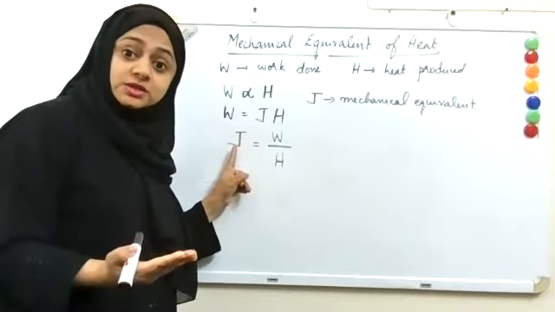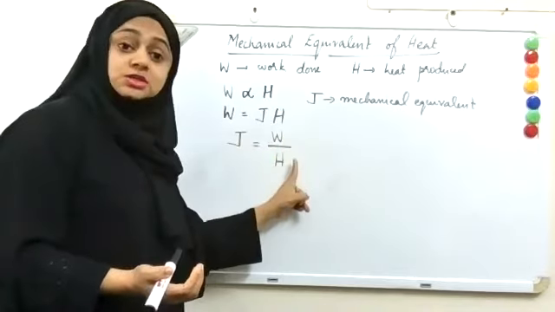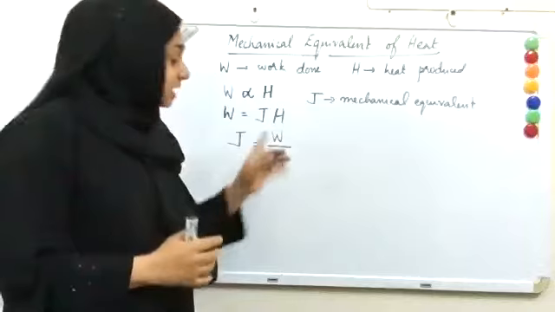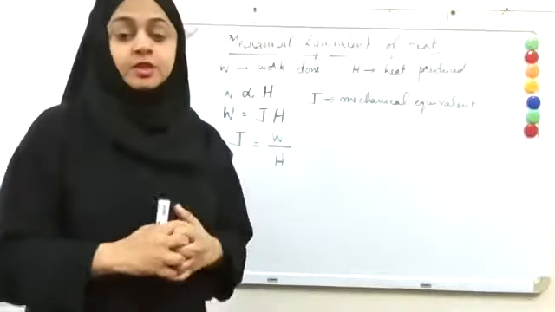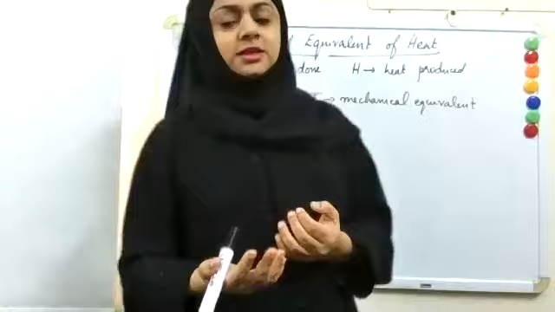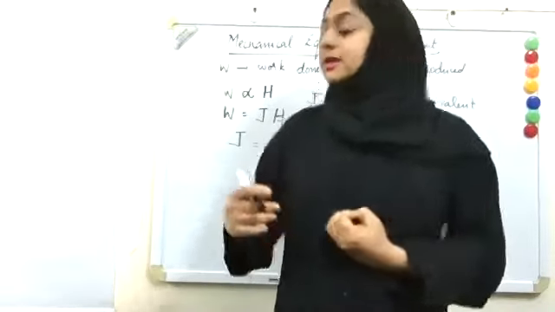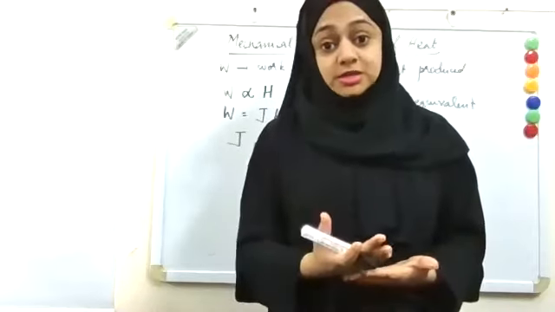Will it have any units? No, because this is in joules, this is also in joules. So the dimension of mechanical equivalent of heat is not there. Now, there is another way we interpret that. Earlier, heat energy or the energy was measured in calories.